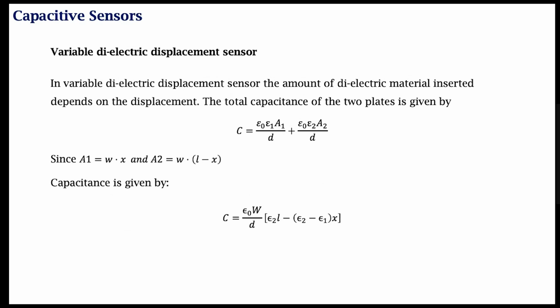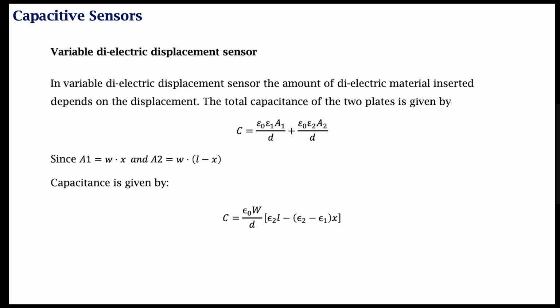Now, the total capacitance is a function of the areas and the distances. Since I know the areas A1 and A2, the capacitance is a function of the dielectric constants. One dielectric constant I know, that is the dielectric constant of free space, epsilon naught, which is a universal constant.